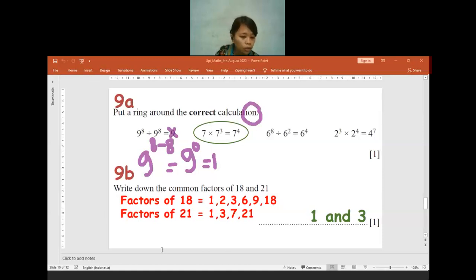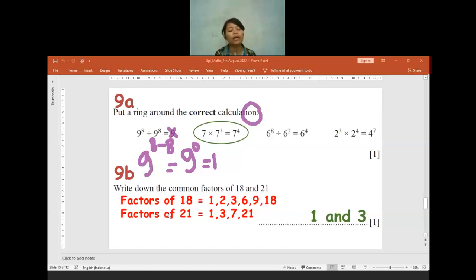Is there anyone who gets confused? For question 8, sorry, I just read the chat box, my chat box was off before. For question 8, there are 4 boxes that you have to connect to the correct answer, and in total the maximum you will get is 2 marks.